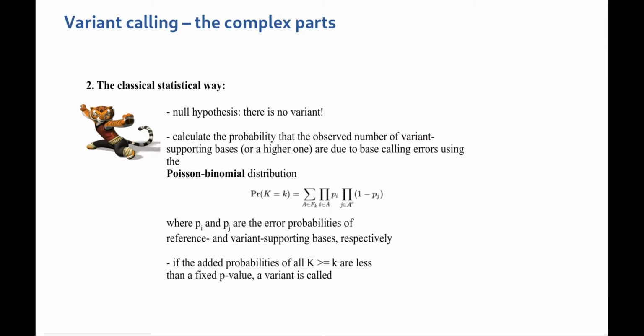If you were to take a bit more effort, you could incorporate also the mapping qualities into that formula. It would get more complex, even more calculation, but it's certainly doable.